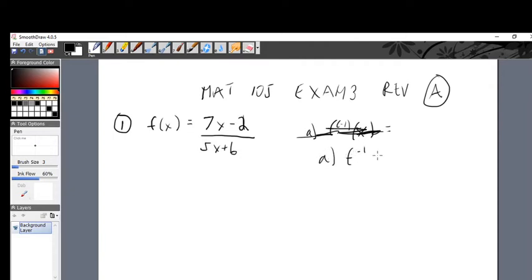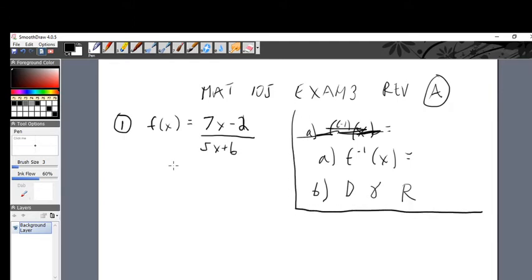You don't need parentheses there. They want the inverse function, that's how to say inverse function. Okay, that's number one. They also want the domain and the range. Okay, so we'll worry about that later. I don't think I'll be able to get it on the same piece of paper, B. I'm hoping to get all of A on the same piece of paper.